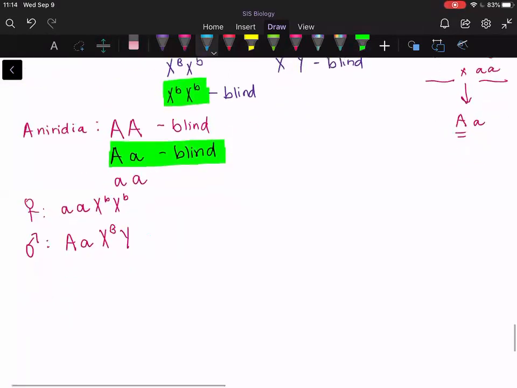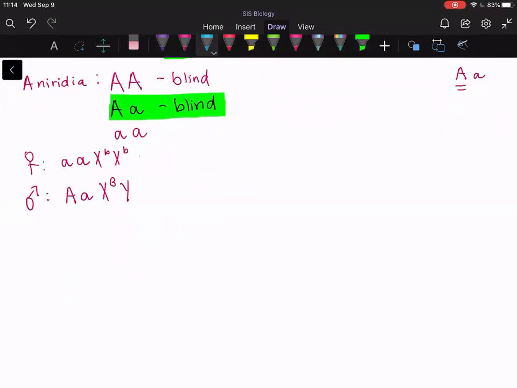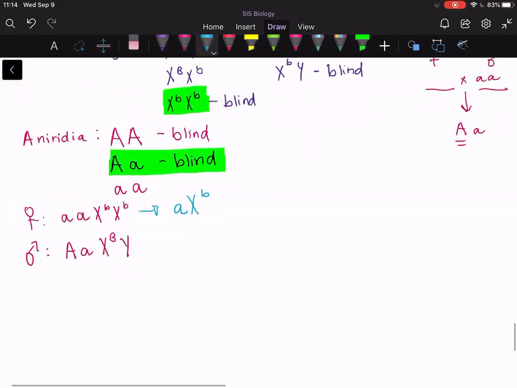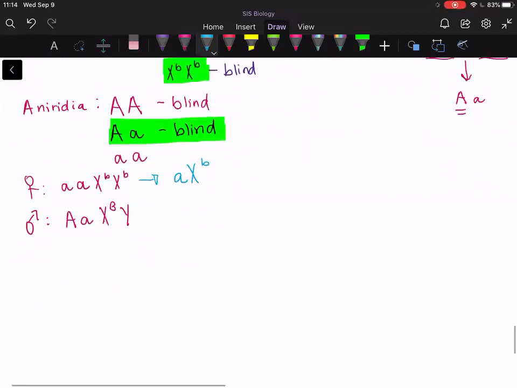Now is the time to write out the gametes. I don't know what your previous teacher asked you to do, but I want you to write out the gametes. If you look at all the possible combinations, she has only one possible type of gamete, where she has the recessive allele for aniridia and the recessive allele for optic atrophy.